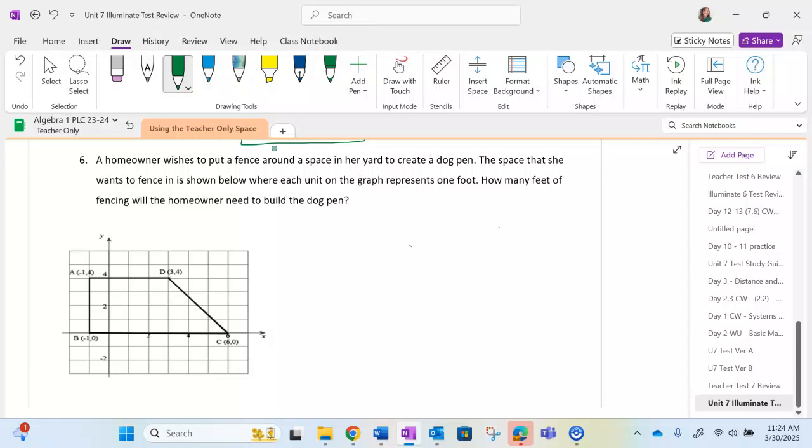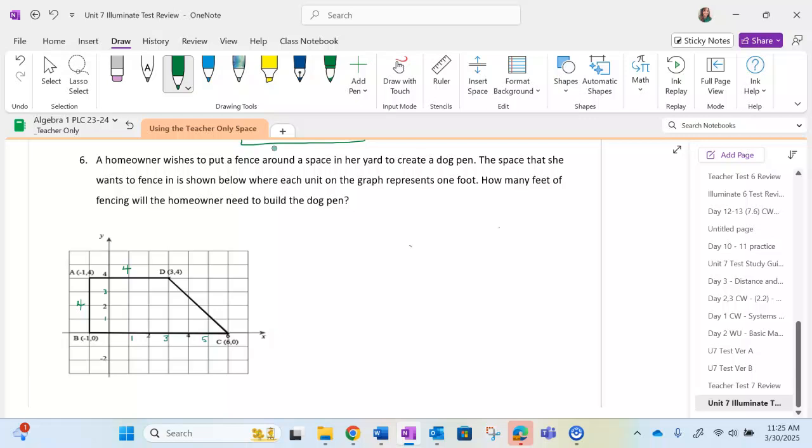So if you remember from class, every line that is horizontal or vertical, you can just count. 1, 2, 3, 4, as long as they are evenly spaced. 1, 2, 3, 4, 5, 6. Now I can count. 1, 2, 3, 4. This is 4. Same thing with this way. 1, 2, 3, 4. As long as it's counting by ones, you can just count like this.